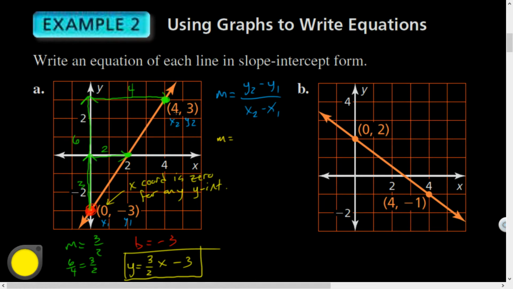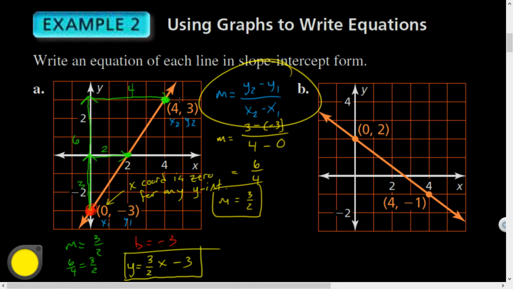I would have gotten m equals 3 minus -3, right? y2 minus y1 over 4 minus 0. And notice what this simplifies to become. 3 minus -3 is positive 6 over 4, and that still gives me the same slope. So if you, for some reason, couldn't remember how to read the slope off the graph using rise and run, your slope formula, when plugging in your points, will still work just a-okay.